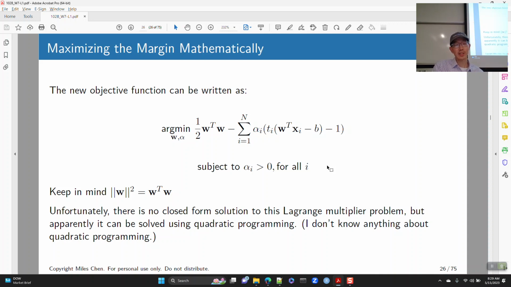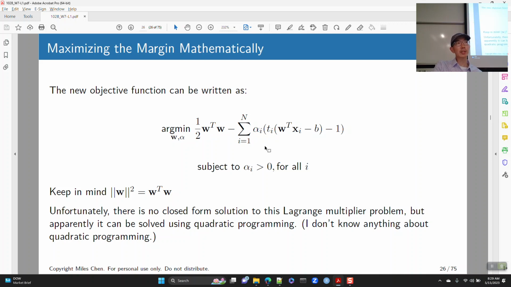Then it says, unfortunately, there's no closed form solution to this Lagrange multiplier problem, but apparently it can be solved using quadratic programming. I don't know anything about quadratic programming, but I guess it goes through and looks at all of your x points and tries to maximize this.